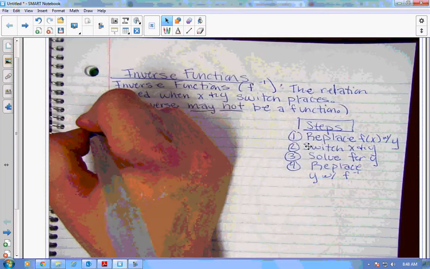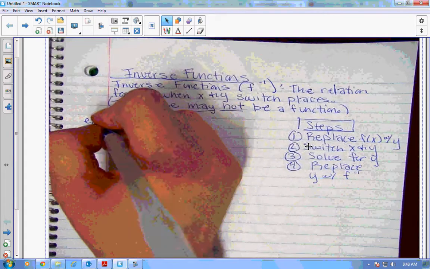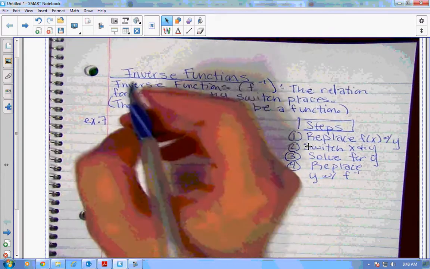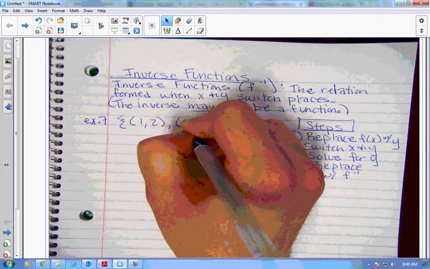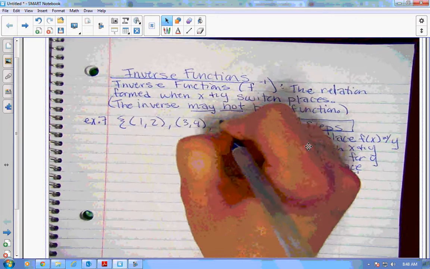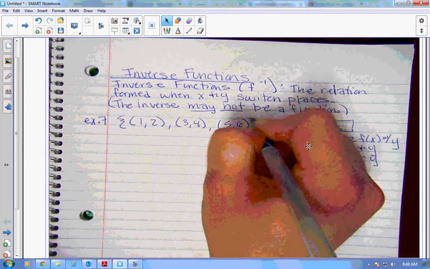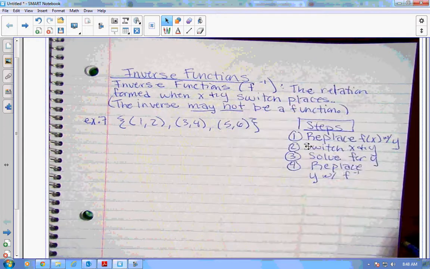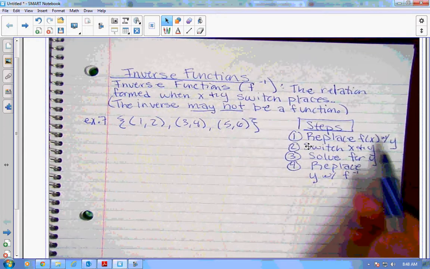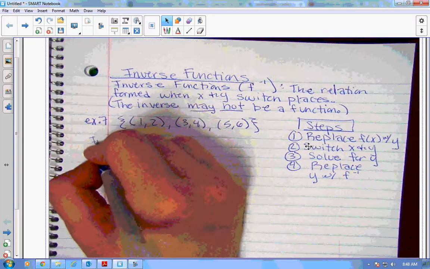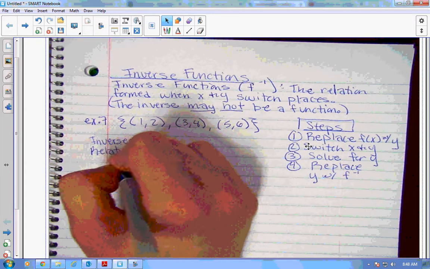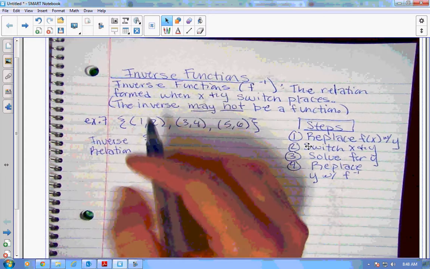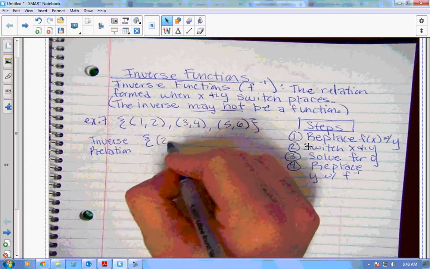Now, on points, if I had a relationship of a bunch of points, the inverse just means the x's and y's are switching. So switching x's and y's, the inverse relation is just, instead of 1, 2, it becomes 2, 1.